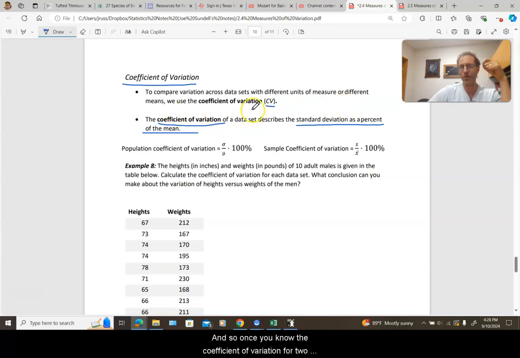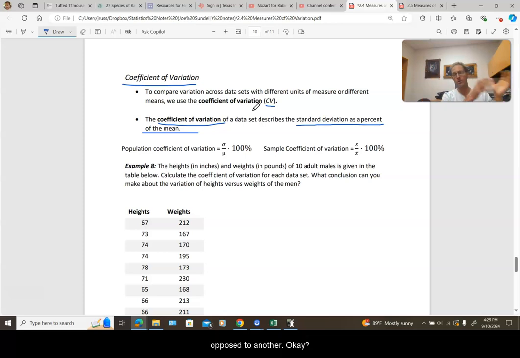And so once you know the coefficient of variation for two different data sets, then you can definitively say whether the data is more dispersed in one data set as opposed to another. Okay, so you can't just do that by comparing the two standard deviations, because the nature of the data could be completely different. The one with the larger standard deviation might actually be much tighter, a much tighter distribution.